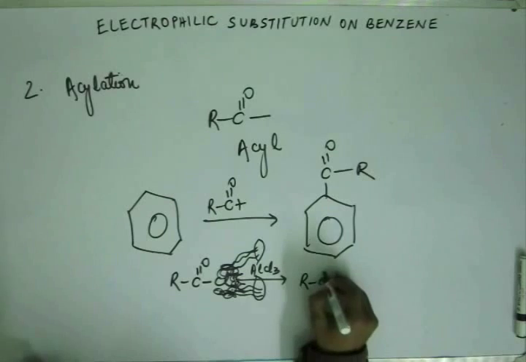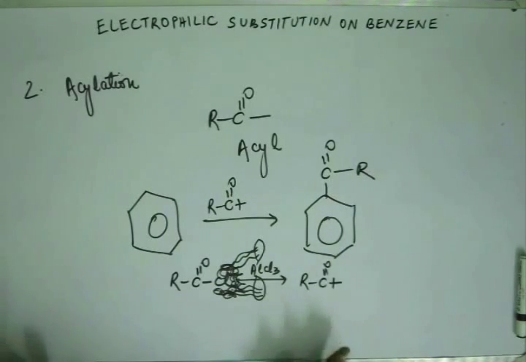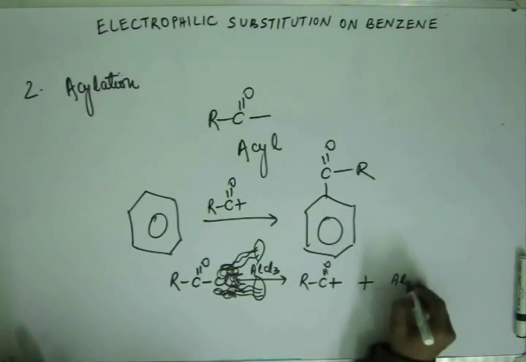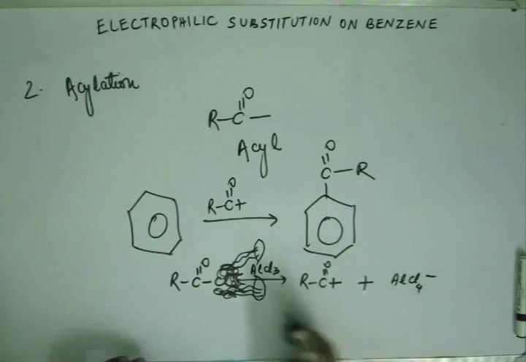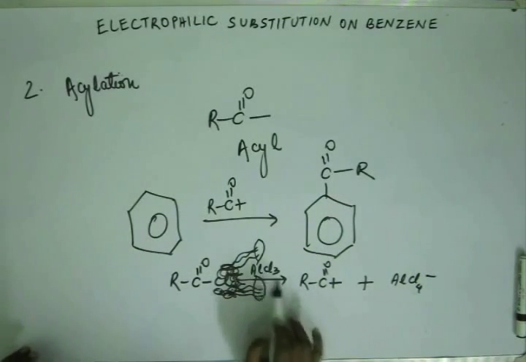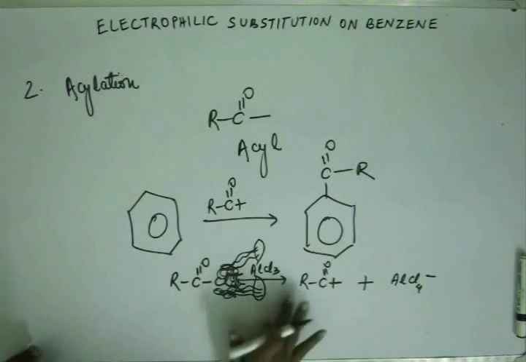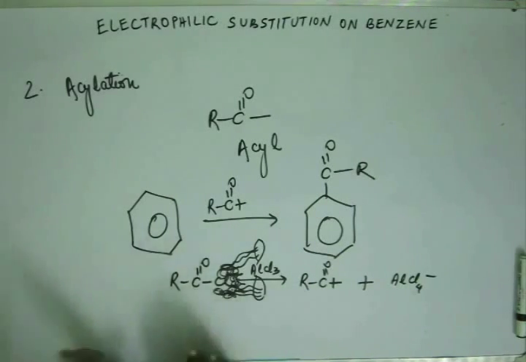So what will happen is we will have an acylium ion generated here, and this Cl minus will move out with aluminum chloride, forming AlCl4 minus. This minus is because it is coming from chlorine and this is neutral. Had this aluminum had a positive charge, then it would have become neutral, but there is no charge on AlCl3 to neutralize the negative charge coming with chlorine.